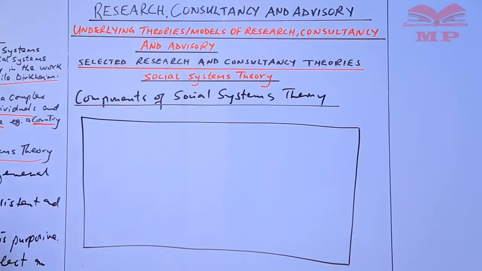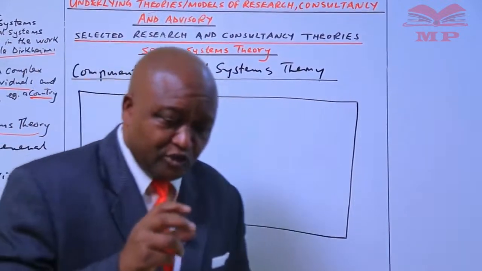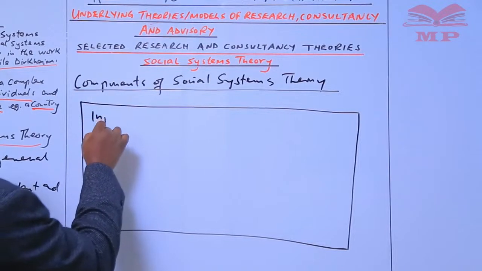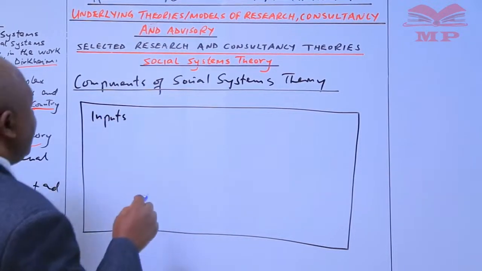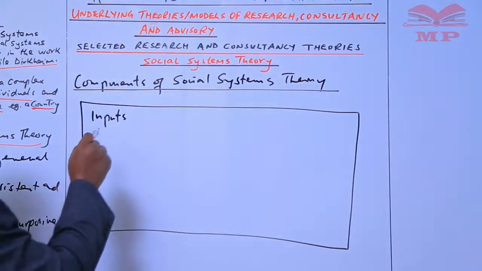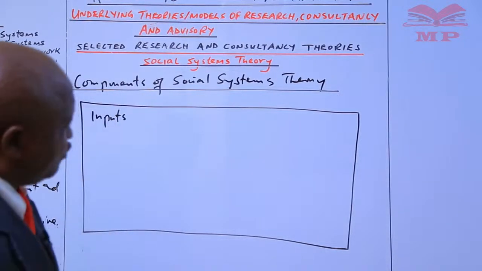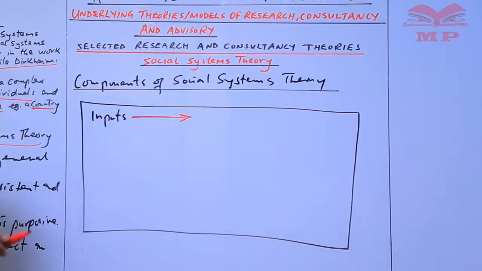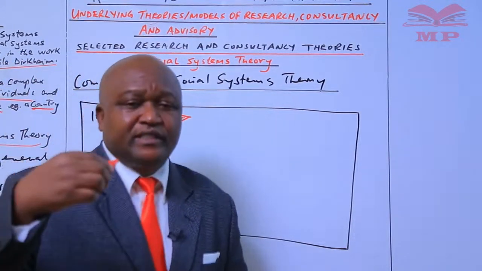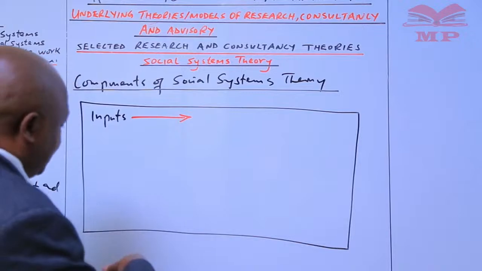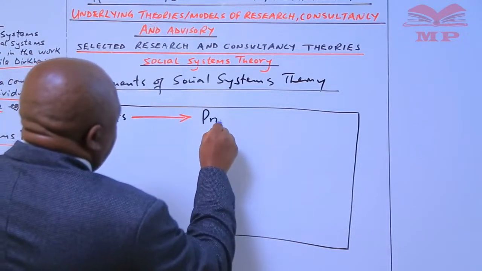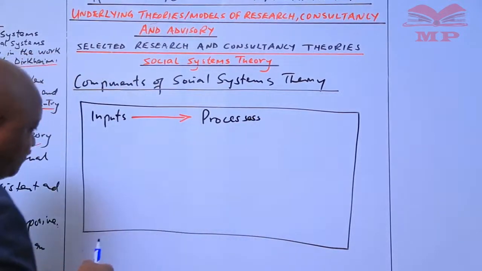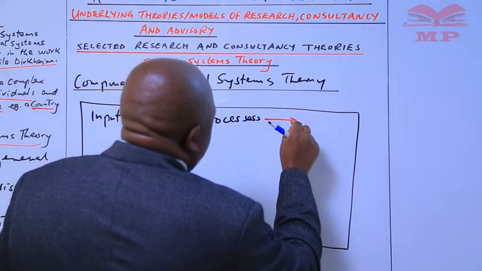Within this social system, we have indicated that it will have inputs, and these inputs, as they come, are directed towards the process, where they have to be processed within an organizational setting. So you have processes, and from processes, then you have outputs.